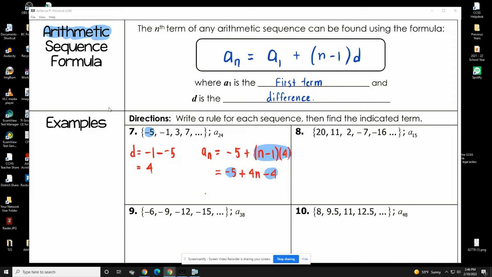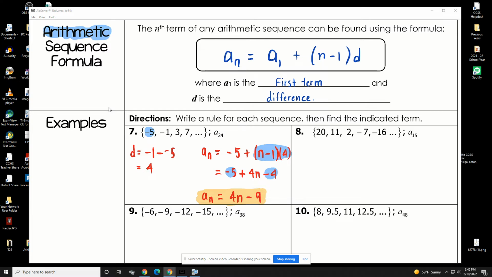So here's how I'm going to write my equation. A sub n equals, I always like to start with my variable term. Which one's my variable term? 4n, positive 4n. And then what does negative 5 minus 4 equal? Negative 9. So my equation that represents this arithmetic sequence is A sub n equals 4n minus 9.